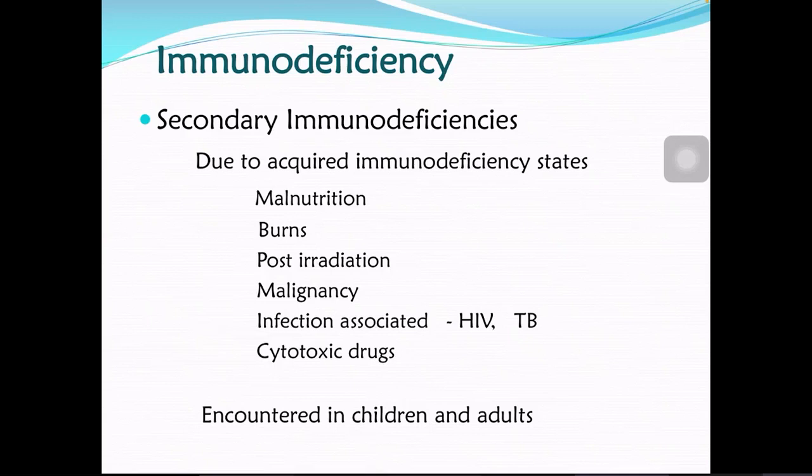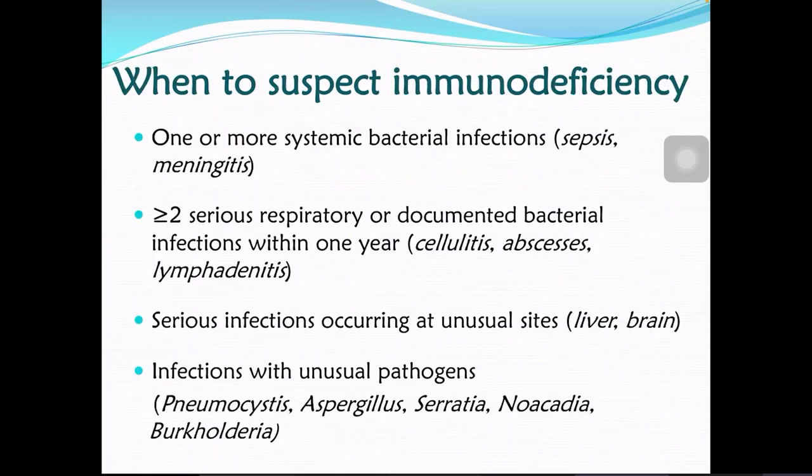So now, when do we suspect immunodeficiency? There are certain guidelines that have been developed over time. So we will just go through them. I'm sure this is common ground for you. I'm sure you have already managed patients with immunodeficiency. So this will perhaps refresh your knowledge.